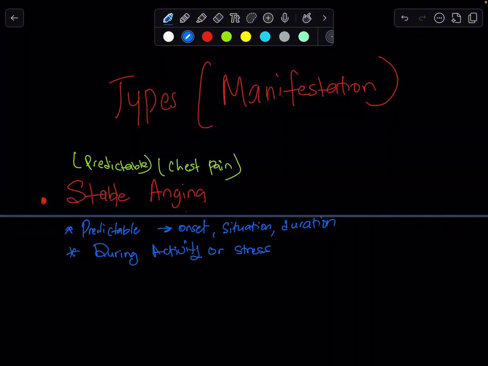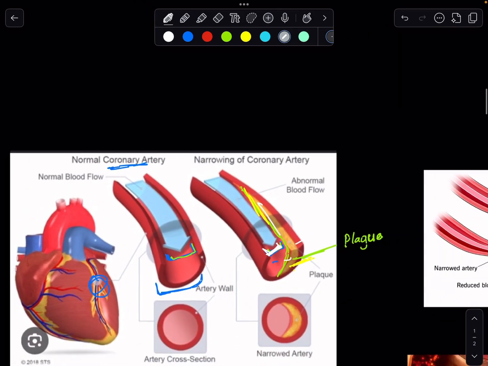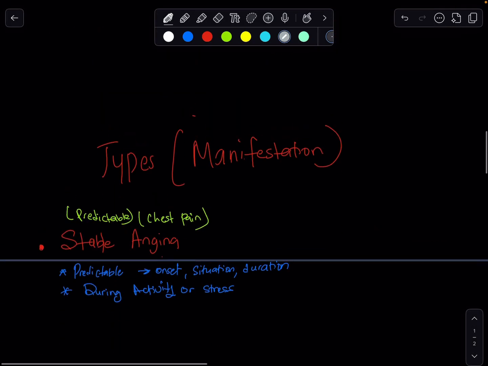That's pretty simple, right? So please go and watch my first video on coronary artery disease, because I explain stable angina pretty well. So stable angina, how does angina occur? This is how angina occurs. So let me just erase these. So angina occurs because of this. It happens because of the plaque buildup. Let me just give you a simple definition.